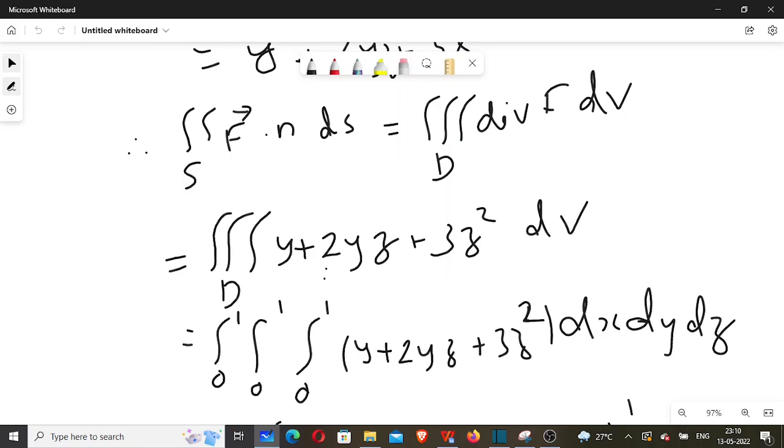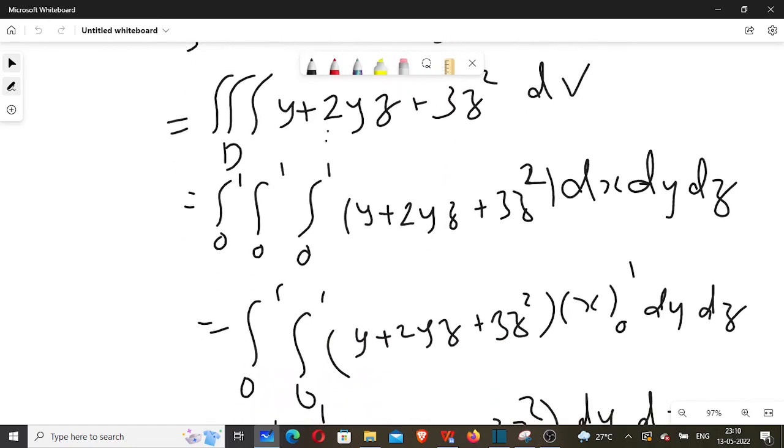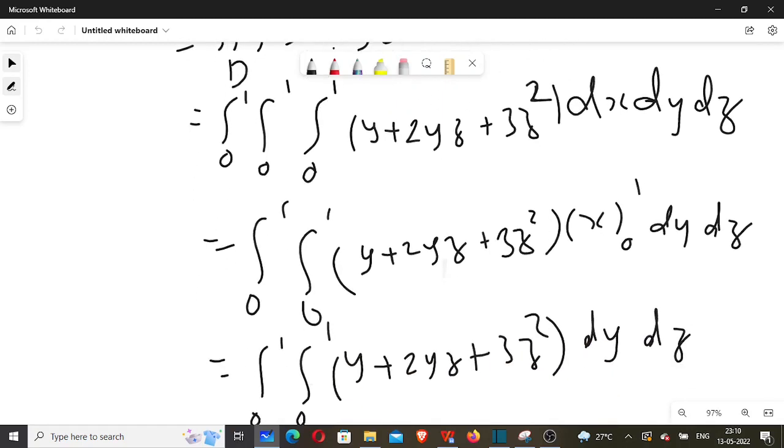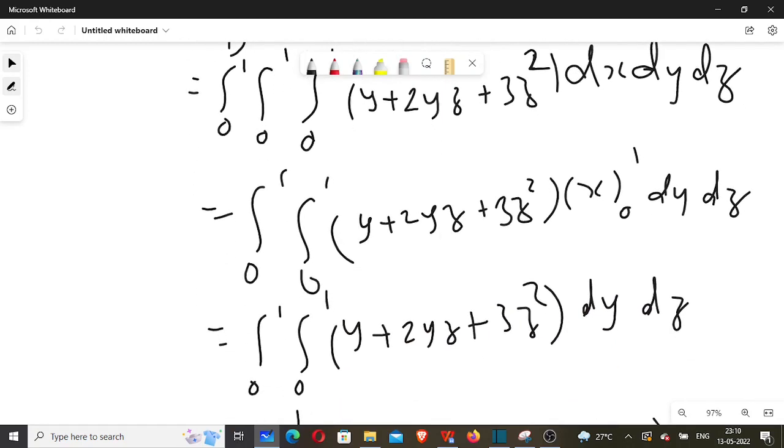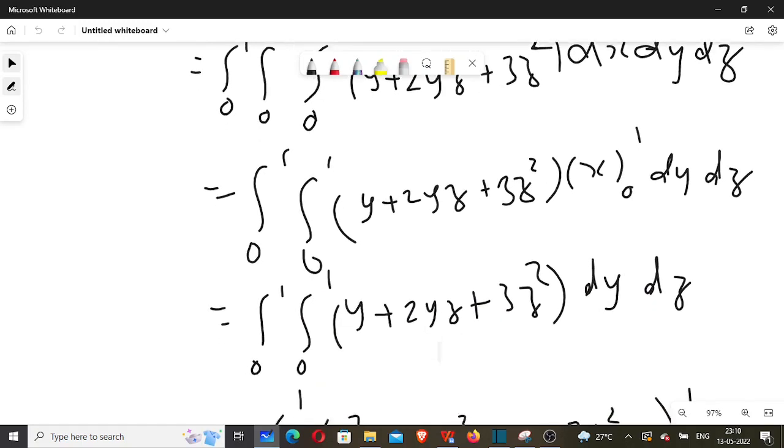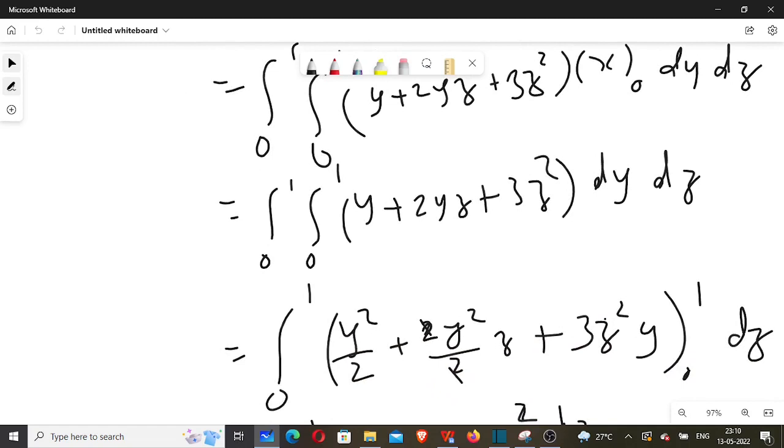First integrate with respect to x, we get integral 0 to 1, 0 to 1, of y plus 2yz plus 3z square into the integral of dx, which is x within the limits 0 to 1, dy dz, so that value is 1. So integral 0 to 1, 0 to 1, y plus 2yz plus 3z square dy dz. Now integrate with respect to y.